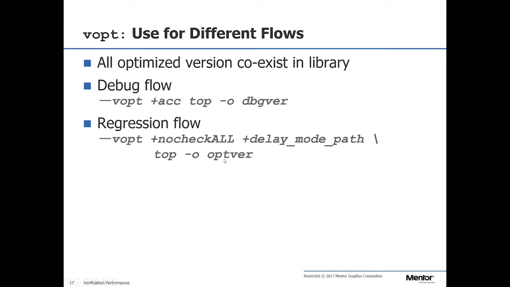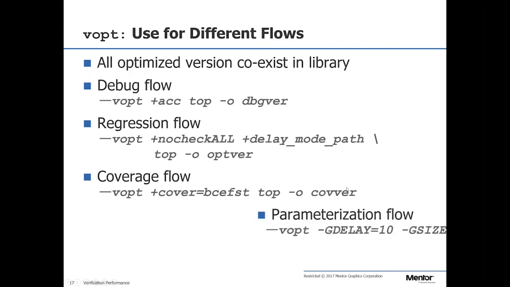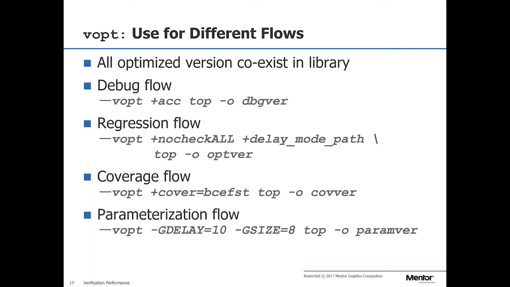So here I've written opt ver, and then maybe I'm collecting code coverage, so I write out a coverage ver. And then, again, maybe I had some parameters, and so I've set a couple of parameters to different values, and I wrote out a param ver. So all of these things, debug ver, opt ver, coverage ver, param ver, I could say vsim cov ver, blah, blah, blah, and run a simulation with code coverage.